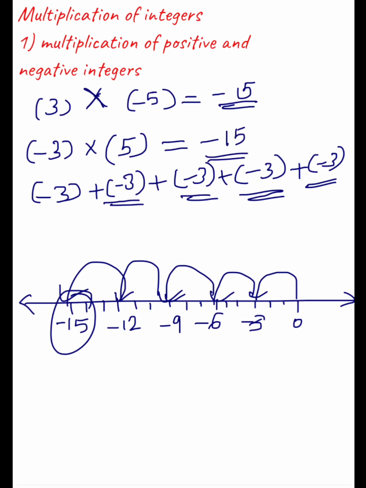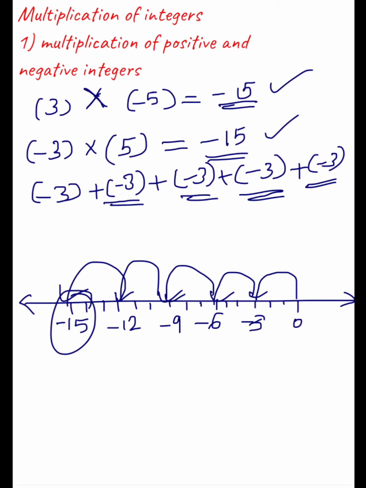Okay. So in the first case, when you multiplied 3 into minus 5, you got the answer as minus 15. And here also we have seen that when you multiplied minus 3 with 5, you got the answer as minus 15 itself. That means what?